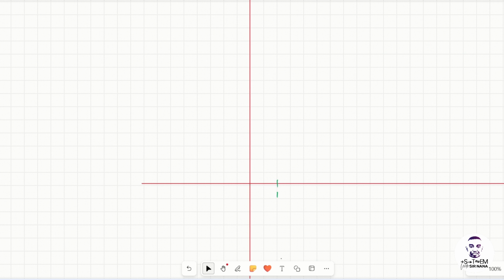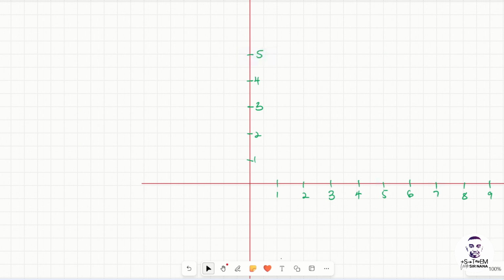This is the positive side of x. So we have 1, we would have 2, we would have 3, 4, 5, 6, 7, 8, 9. Let's add 1 and then let it be 10. Then this side is the positive of y. So we have 1, 2, 3, 4, and then 5.